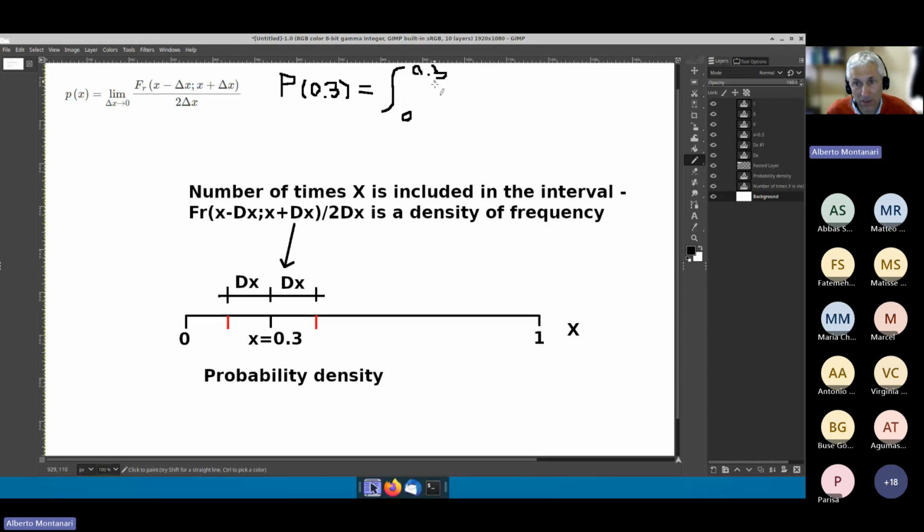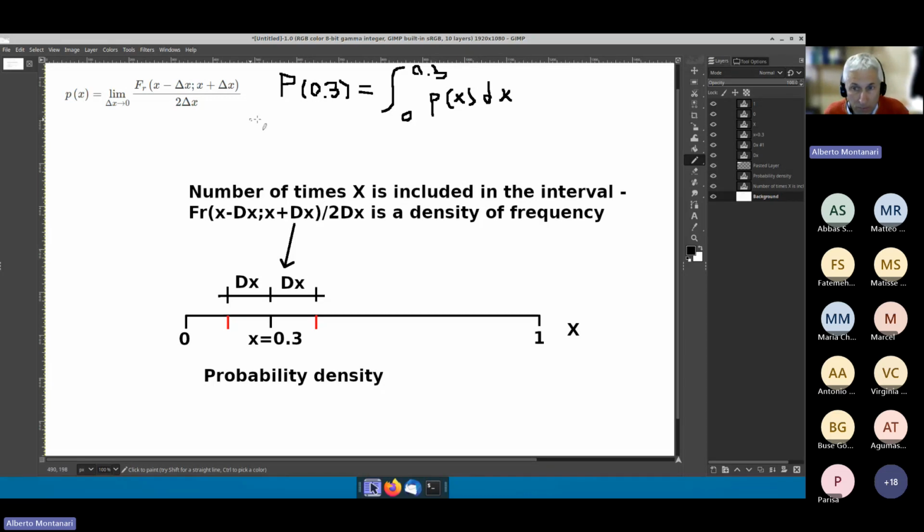The integral of lowercase p(x) in dx. Why?